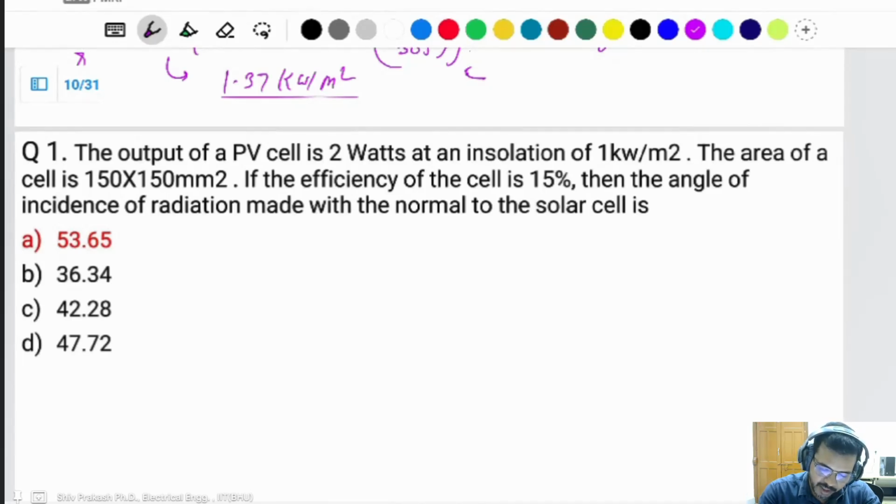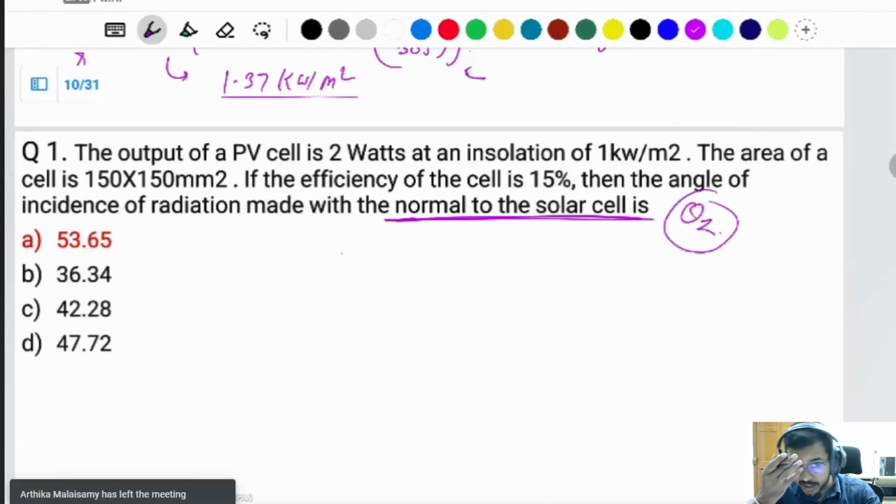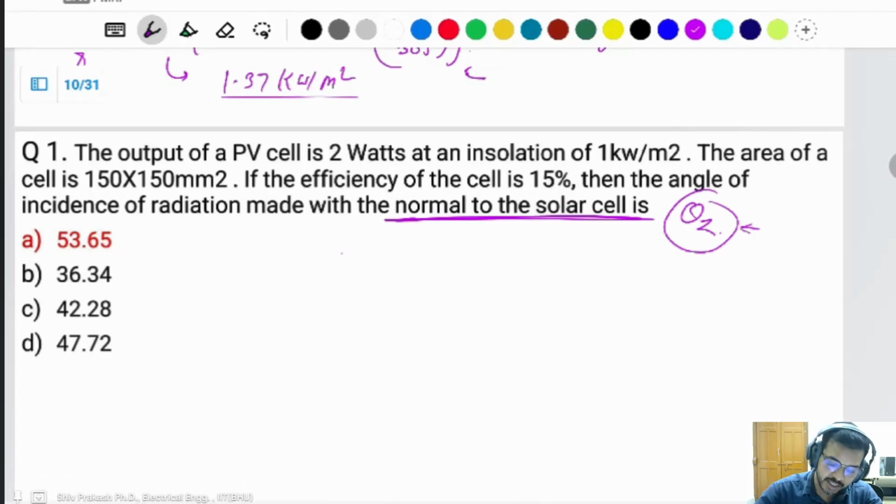If the efficiency of the cell is 15%, then the angle of incidence of the radiation of the sunlight made with the normal to the solar cell. Normal to the solar cell is the zenith angle, not the declination angle. Declination angle depends on the day of the year. It was asking about the zenith angle.